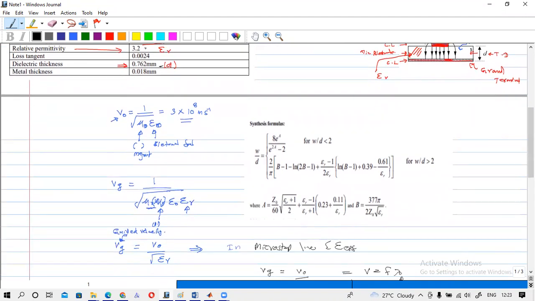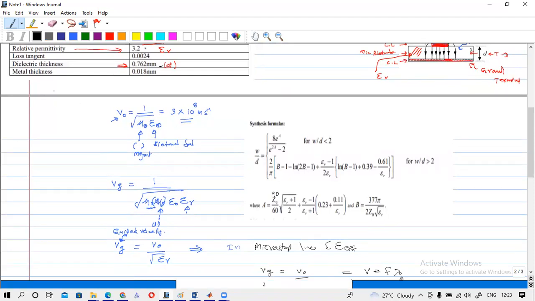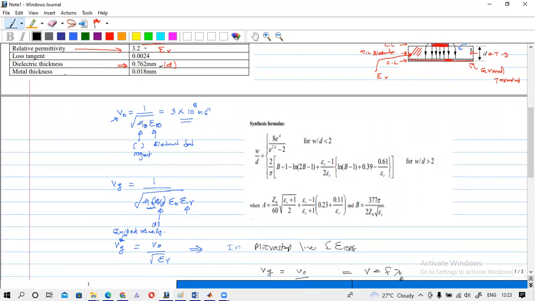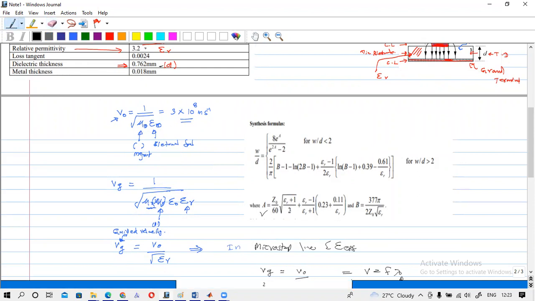You can substitute 3.2 for epsilon r and 90 for Z0, and you can calculate the A value. Also, with epsilon r and Z0, you can put in 90 and 3.2 and calculate the B value. Now you have A and B values.